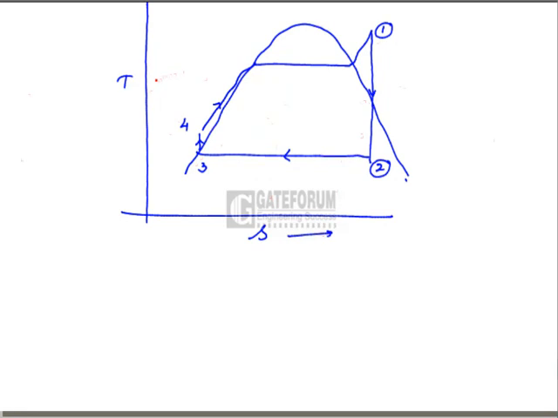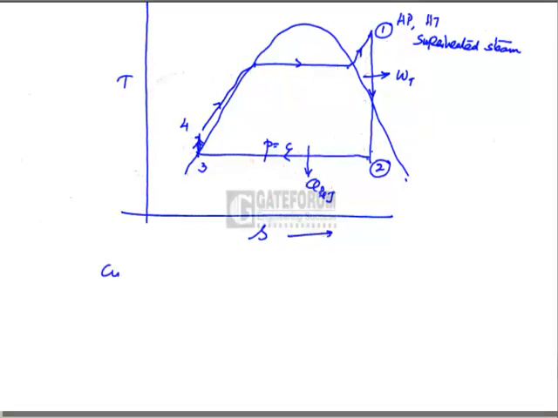The cycle in total has 4 processes, namely 1 to 2, expansion of steam in the turbine, isentropic expansion, or reversible adiabatic expansion, and 2 to 3 is isobaric or constant pressure heat rejection in the condenser from the steam to the condenser cooling water. 3 to 4 is isentropic pumping of feed water from the condenser pressure to the boiler pressure. 4 to 1 is heating of water, change of phase of water, and then superheating of steam in the boiler, generating high pressure, high temperature, superheated steam.